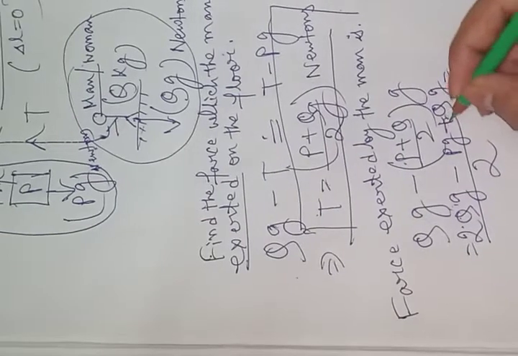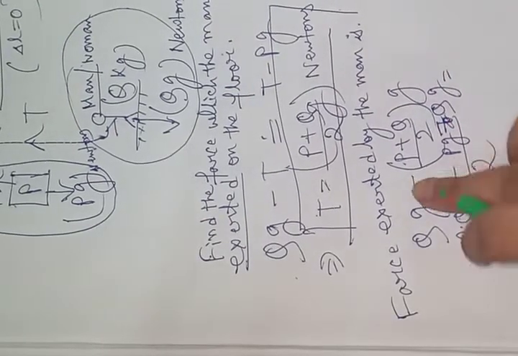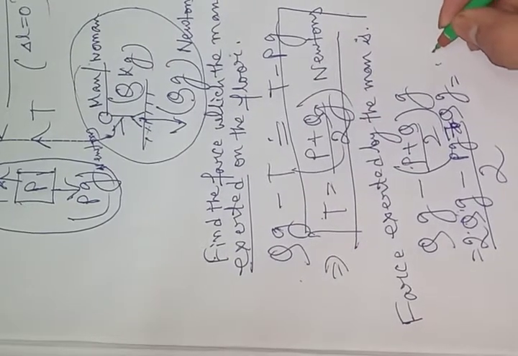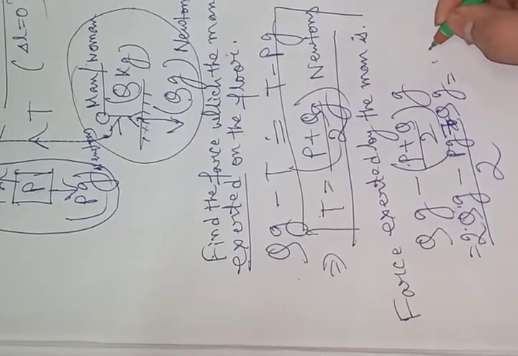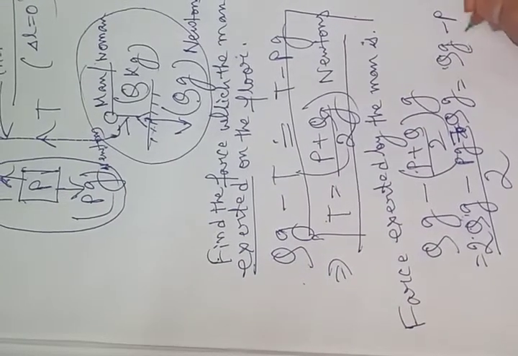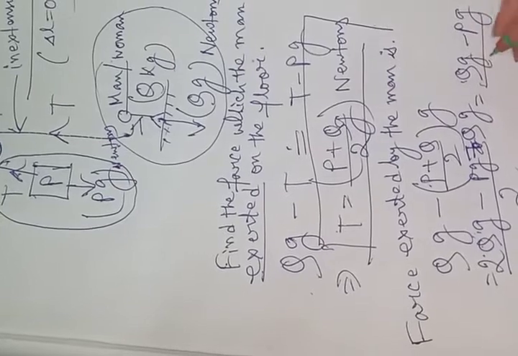Oh, sorry, there is a minus going here, so this is QG minus PG, so (QG minus PG) by 2.